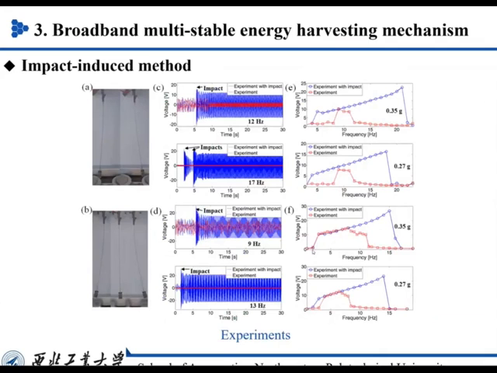And we also did an experiment to verify this. Here is the input impact. Before the impact, the harvester works in the low orbit, and the output voltage is also lower.